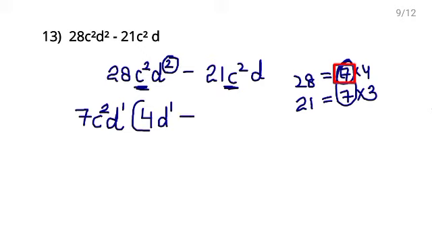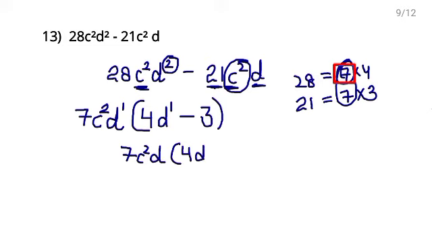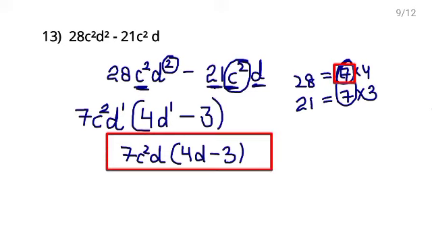Minus, from this 21, if you have taken 7 outside, 7 3s are 21, 3 will be left. C square you already have taken outside, so no need to write it inside the bracket. D raised to the power 1, or you can say d, you already have taken out, so you will not write it here. So what is your answer? 7c square d in bracket 4d minus 3. So this is your answer.